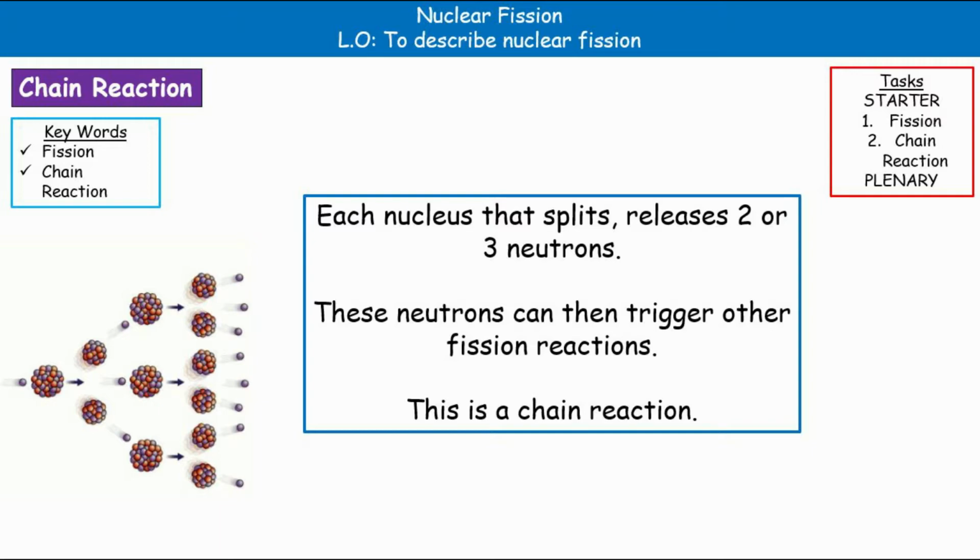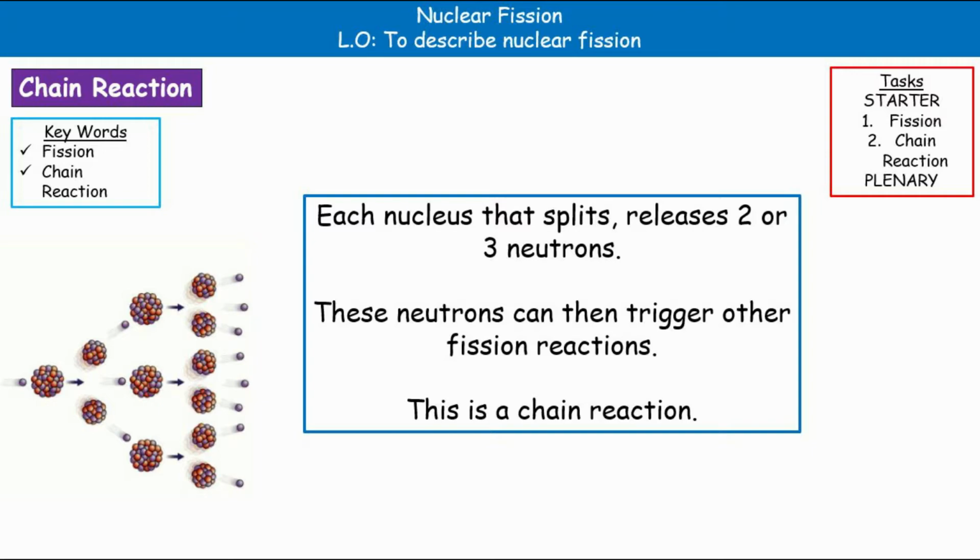We start off with one fissionable substance, and as that nucleus is then split into 2, we release 3 neutrons. They're then going to join with 3 other nuclei. They will then split, and each of those releases 3 neutrons. So what we're actually doing here is we're generating something called a chain reaction.